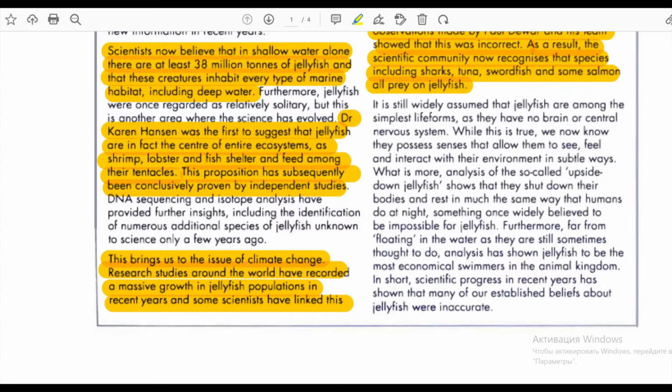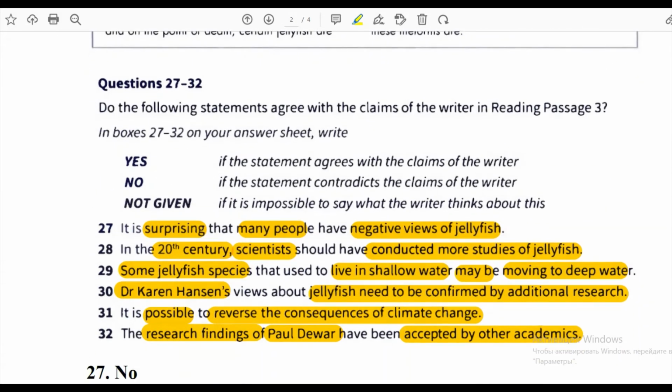Let's go further. So first, it is possible to reverse the consequences of climate change. So, focus on the meaning of reverse the consequences of climate change. What does the writer say about this?